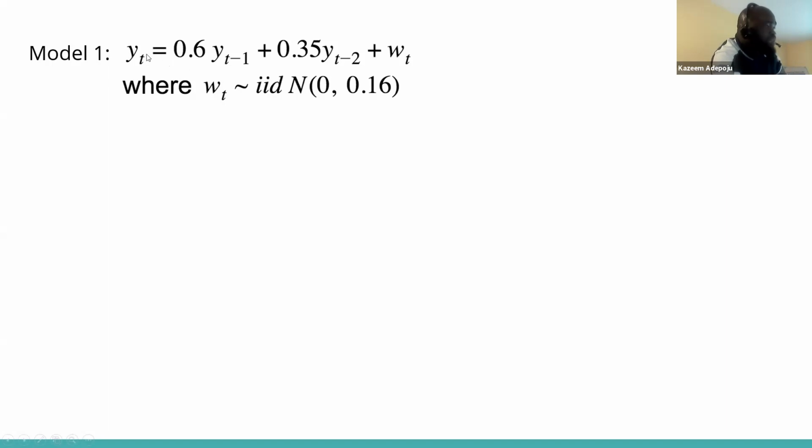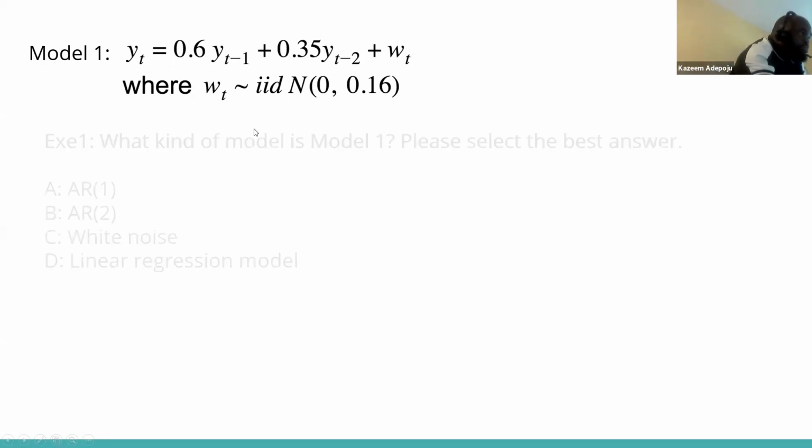So now this is an AR of order 2. And you know what? The variance of the white noise is 0.16. When you specify a model, you actually need to specify the distribution of the white noise.